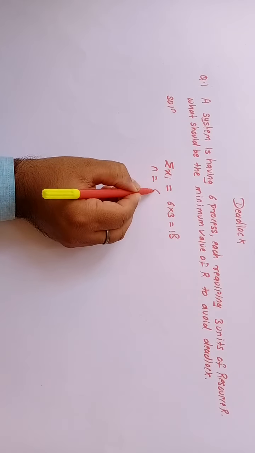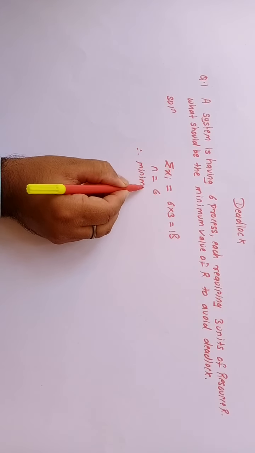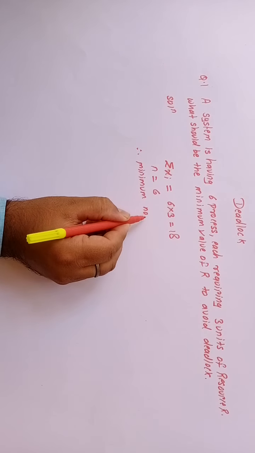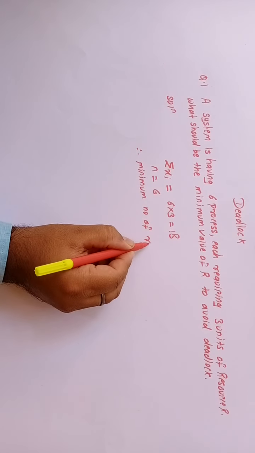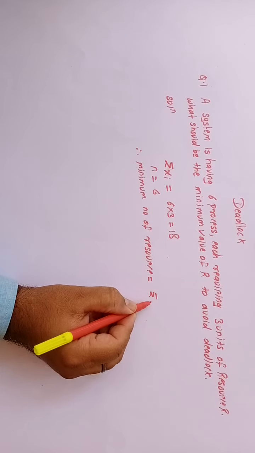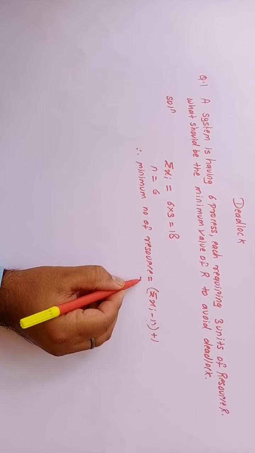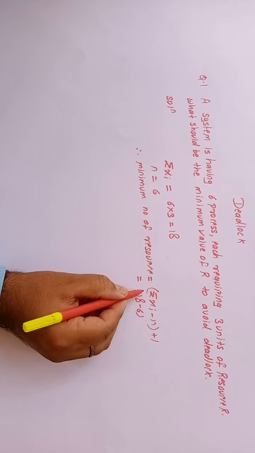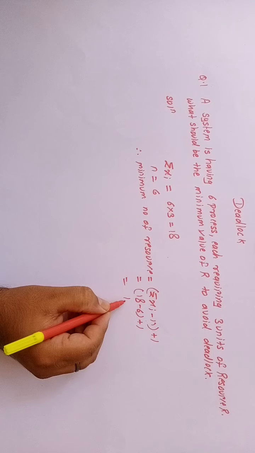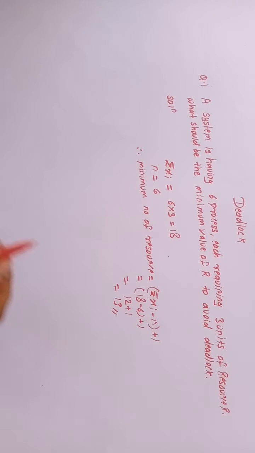Number of processes is 6, therefore the minimum number of resources to avoid deadlock is summation of xi minus n plus 1, that is 18 minus 6 plus 1, that is 12 plus 1, that is 13. So with a minimum of 13 resources, the system assures that there will be no deadlock at all.